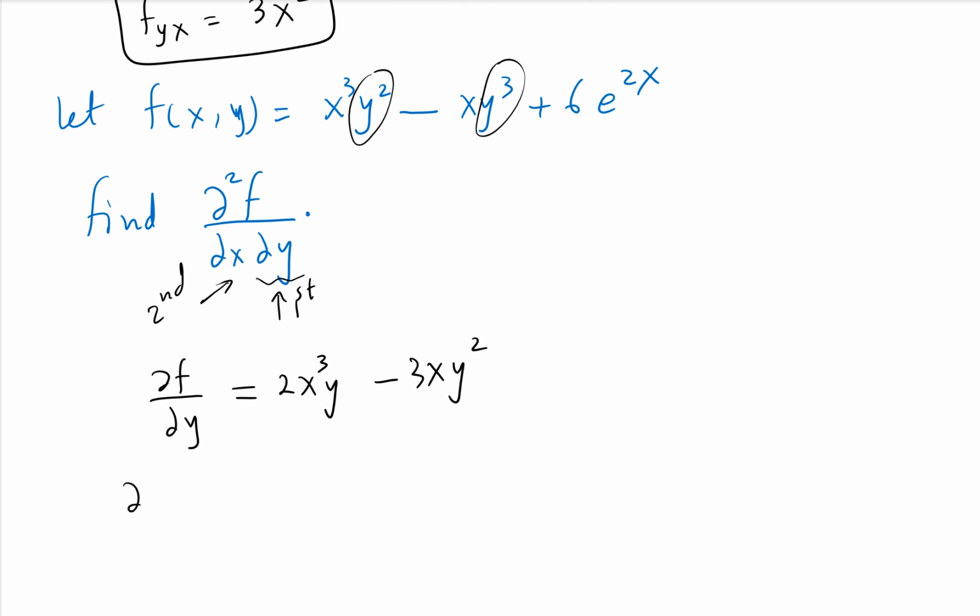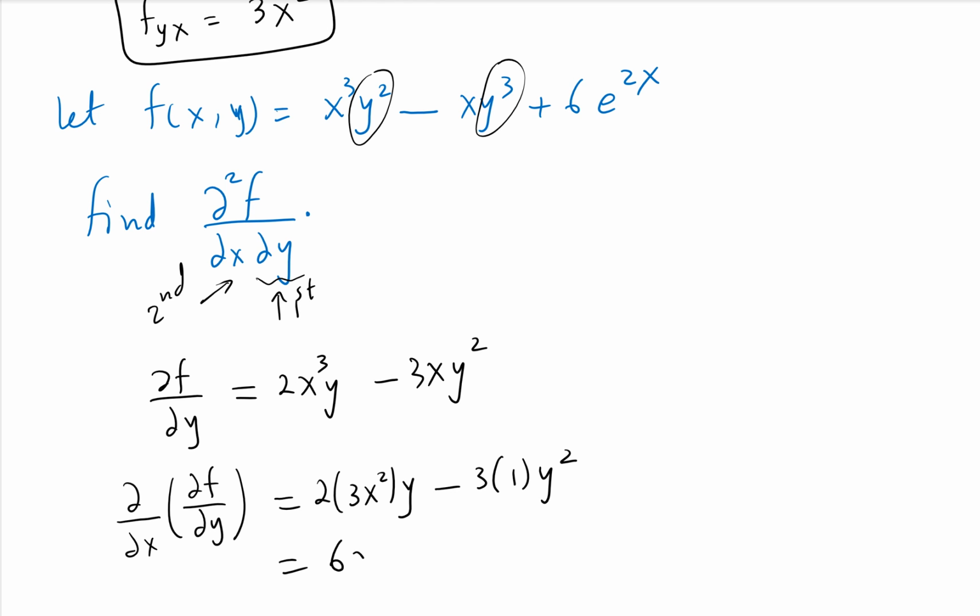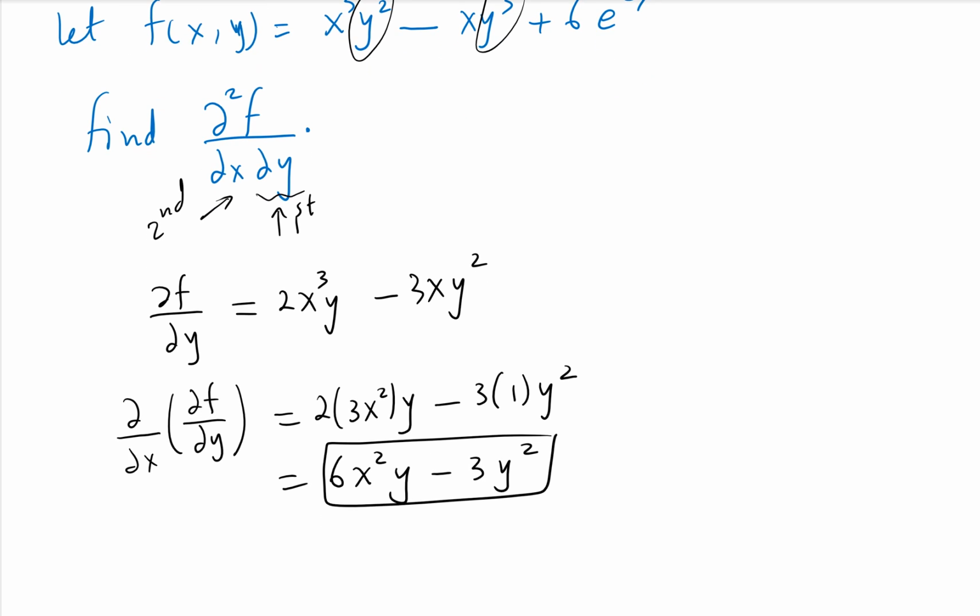Then partial with respect to x now. What is that going to be? The derivative of x cubed is 3x squared. Keep the y. The derivative of x is 1, y squared. So that gives 6x squared y minus 3y squared.